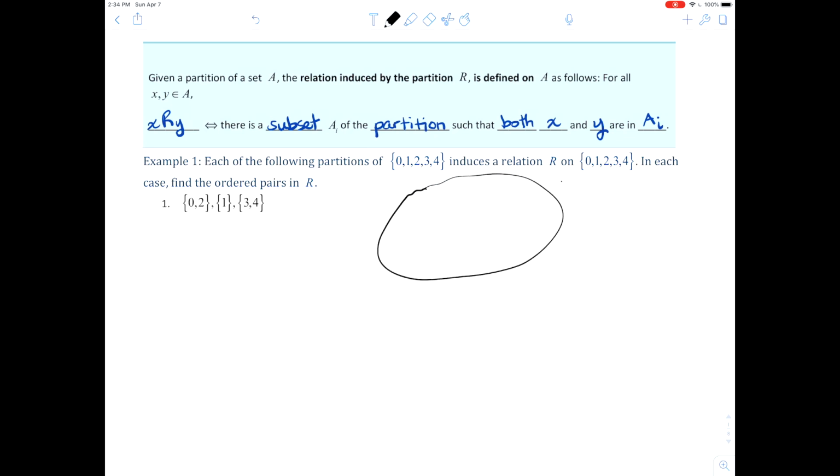Let's just say that this whole thing is A, right? So we have these different subsets.